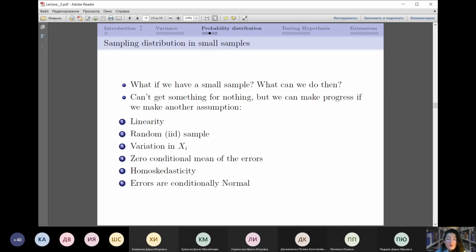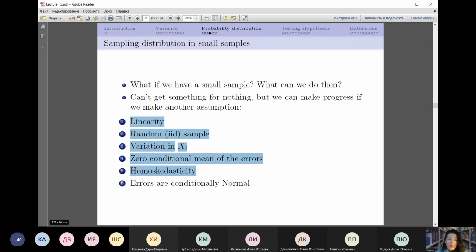Even if we work with small samples, we can hold these assumptions to assume that we have approximately normal distribution. What are the assumptions? Of course, linearity, random sample, variation in x, zero conditional mean of the errors, homoscedasticity. All these assumptions are the same as in the large samples.